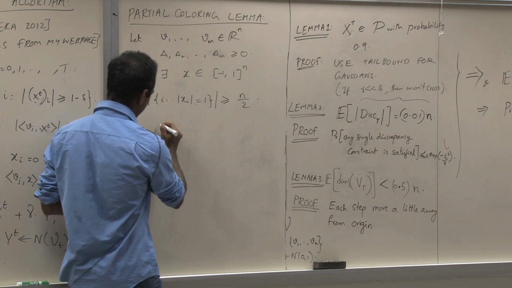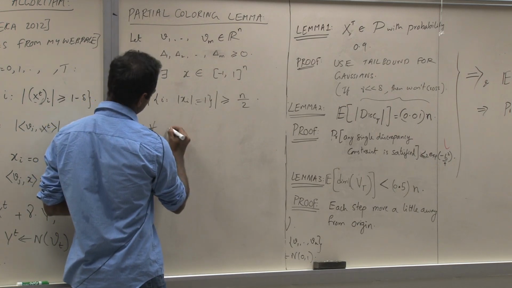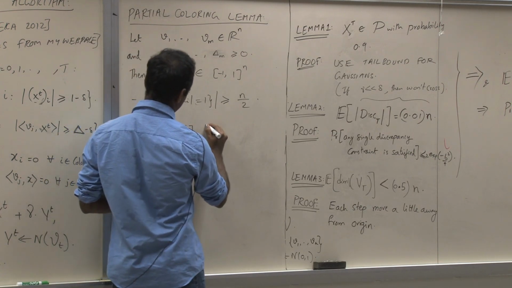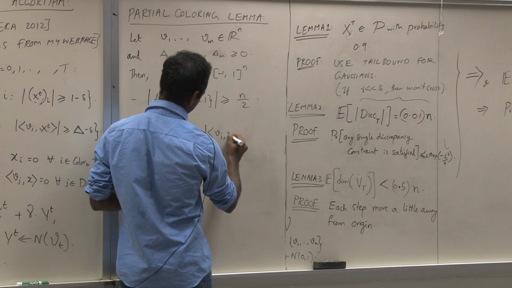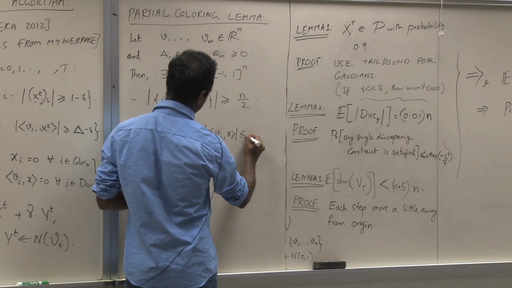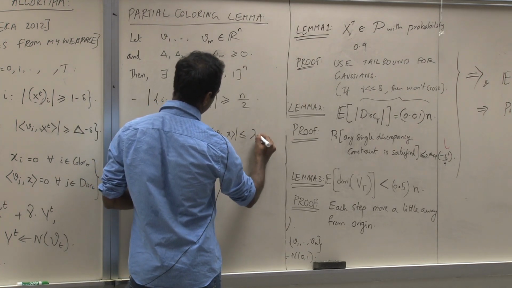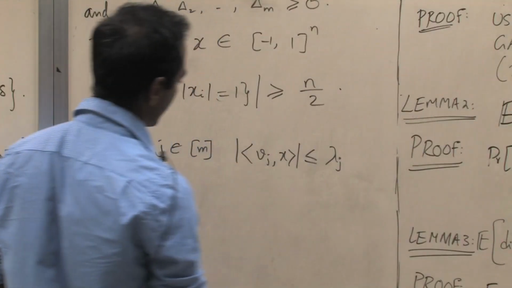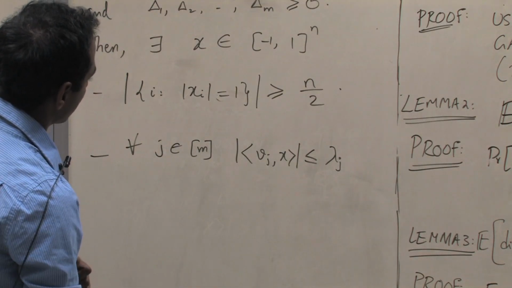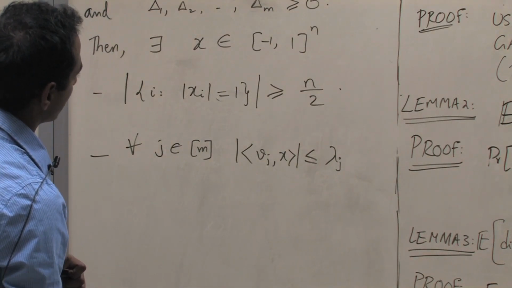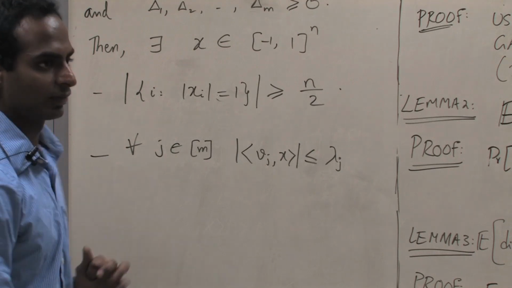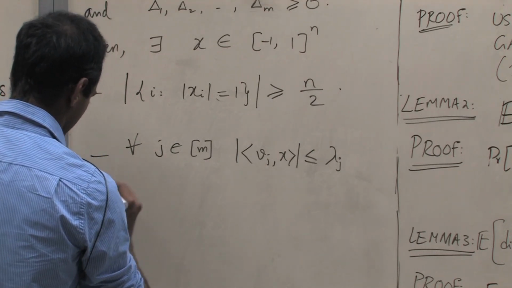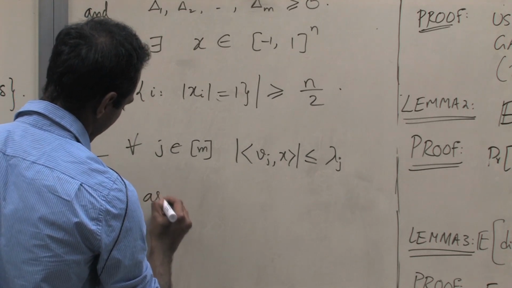Now more generally, you'll have the claim that for every j in [m], the inner product of vj and x is less than or equal to lambda j plus the bound, as long as a certain condition holds.